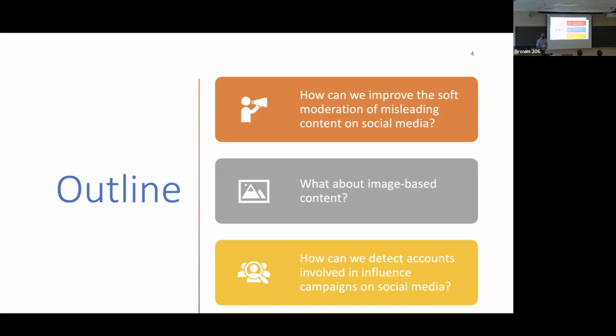When we look at image content, a lot of issues and challenges come up dealing with computational resources and so on. And then finally, I will talk about accounts that appear to be real people but are actually inauthentic, fake, and designed to polarize discussion, controlled by foreign state actors for that purpose. How can we detect those?